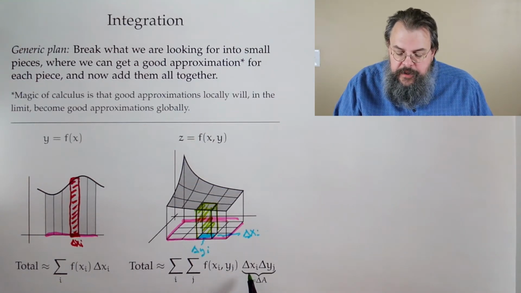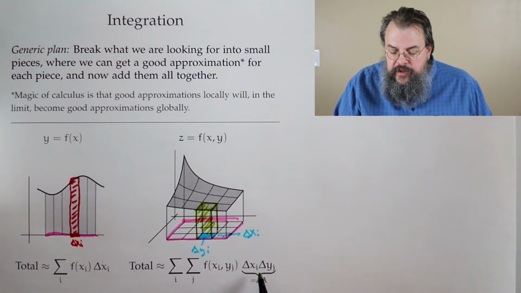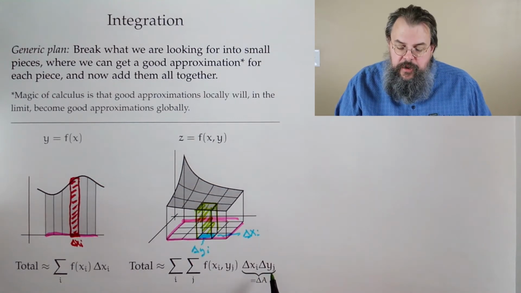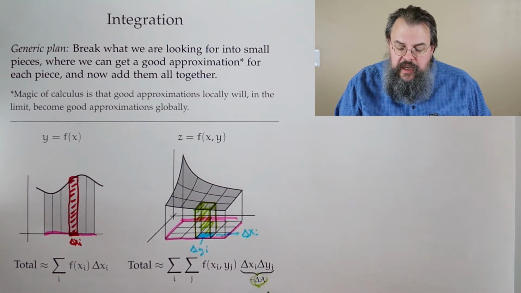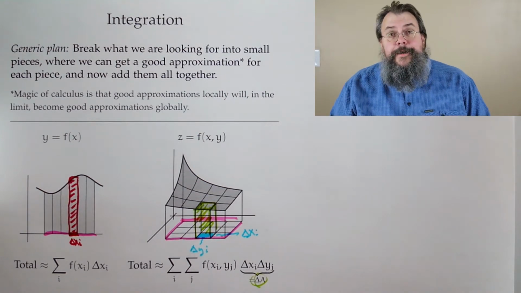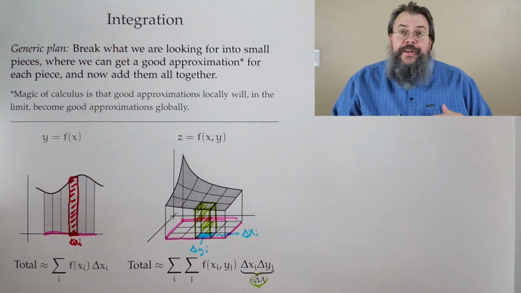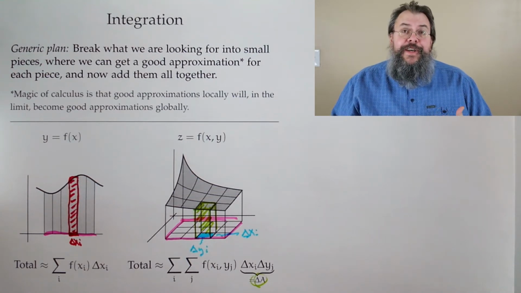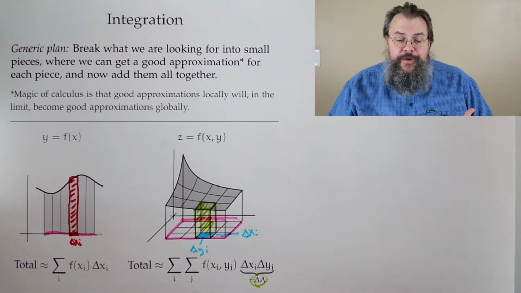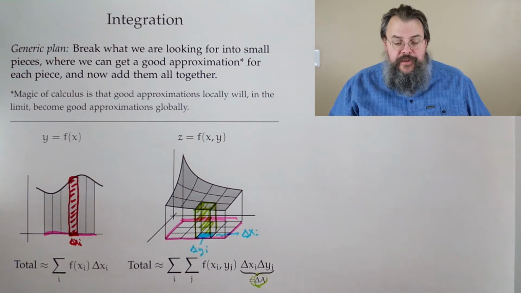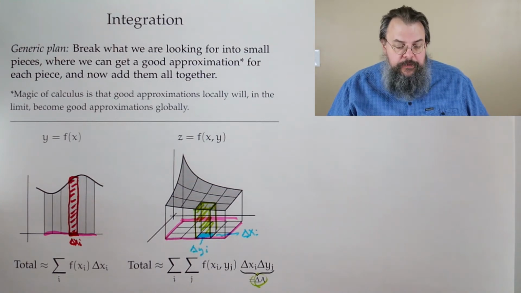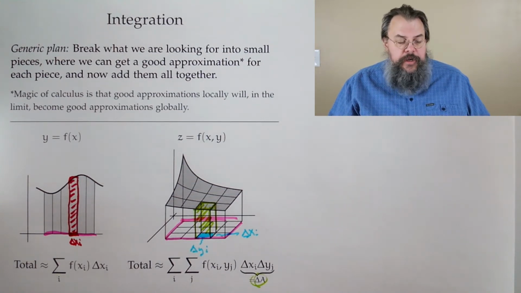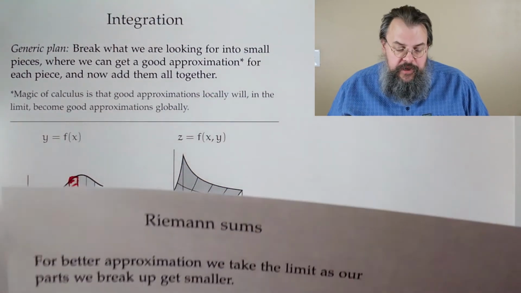Then the base is length times width: change in x, change in y. So we usually think of that as delta A, the change in area. All right, so if this feels familiar, that's good. It should feel an awful lot like what we were doing before, breaking things into parts and adding them together. And we see that we're going to have a lot of the same properties.